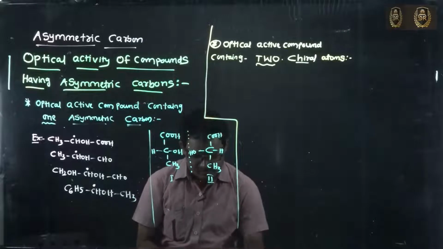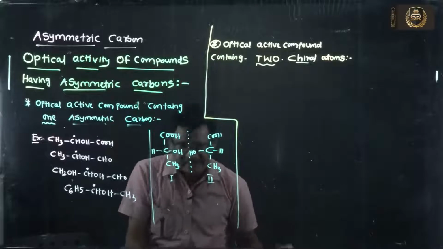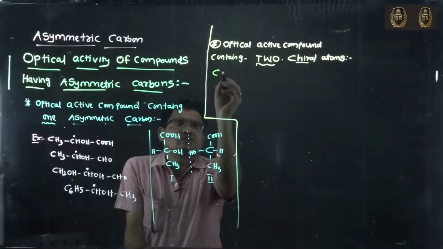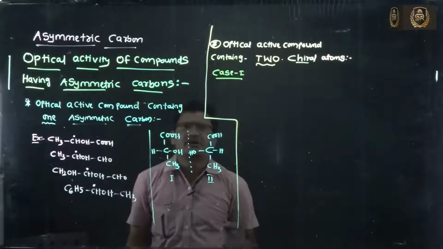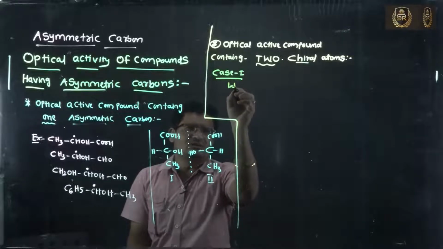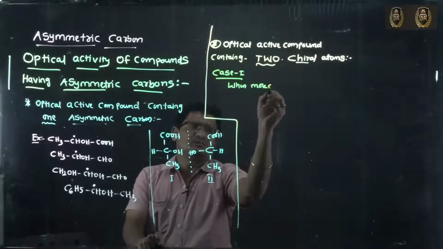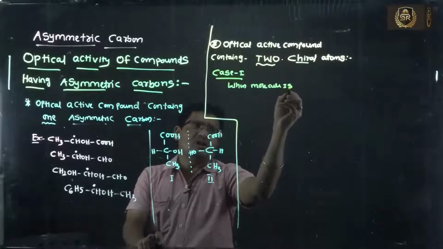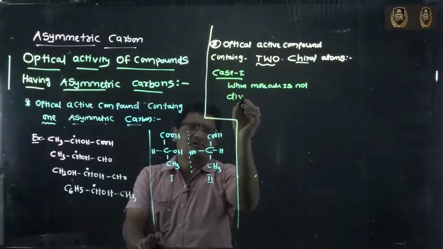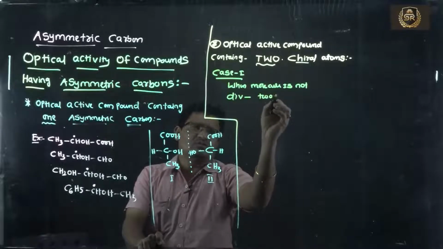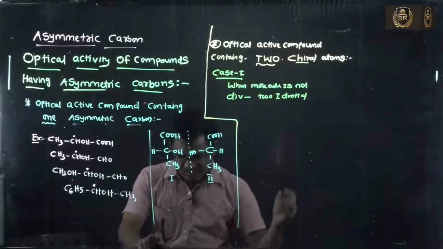Two chiral atoms, for example, when the molecule is not divisible into two identical halves.